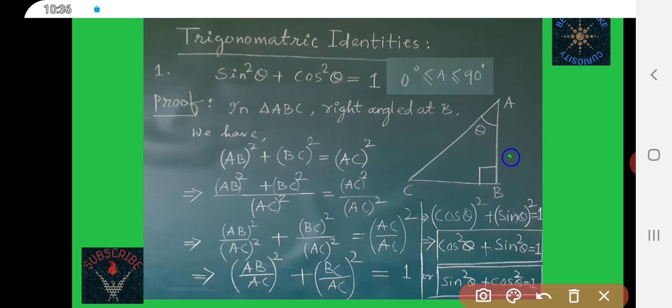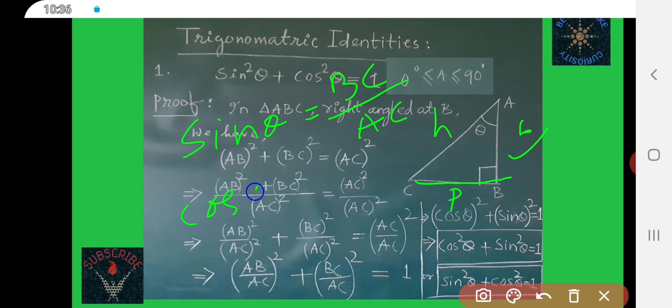And from this triangle you get, what? Sin theta equal to what? P by H. This is P, this is H, this is B. So P by H is BC by AC, and cos theta is, you know, B by H, that is AB by AC.